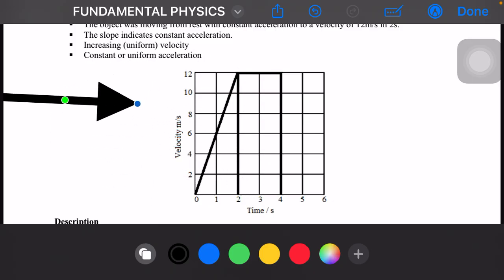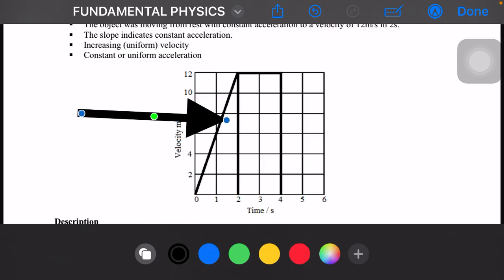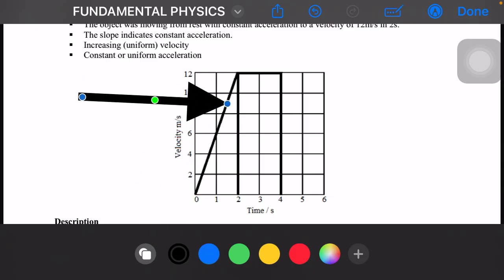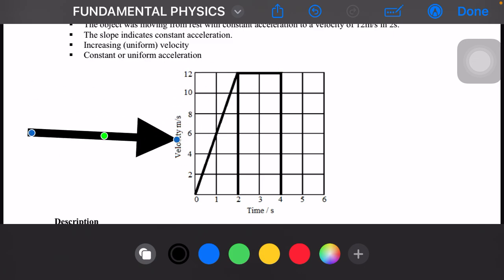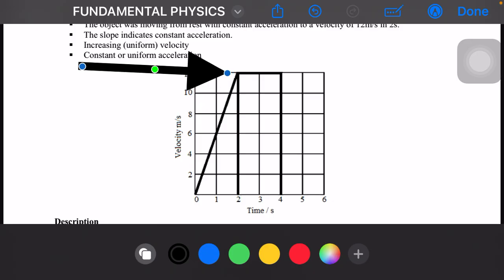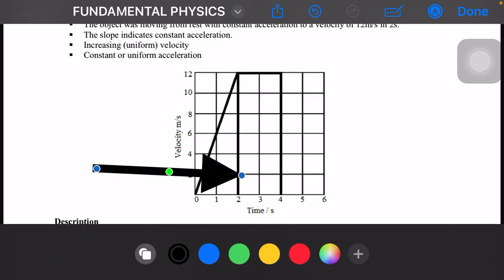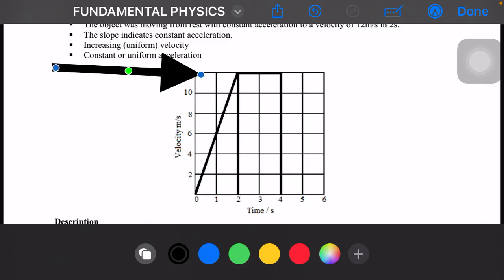Here we're saying that velocity was increasing uniformly, and acceleration was constant. When the line is horizontal, it simply means the object was moving with constant velocity, for how long? For 2 seconds. How did I get 2 seconds? By finding the difference between 2 and 4, which is 2.